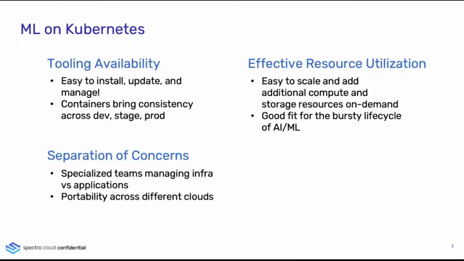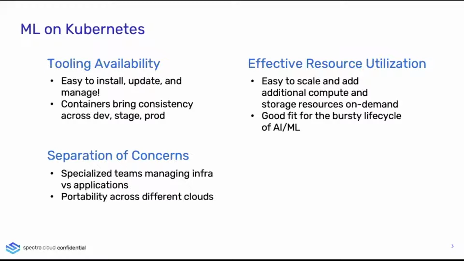And lastly, for effective resource utilization, Kubernetes is at its core an application workload scheduler with algorithms to optimally place different workloads depending on the resource requirements, whether it's CPUs, memory, storage, networking, or others. So with Kubernetes, AI ML workloads can be effectively placed, with as many of these resource units as you want in each of the clusters.